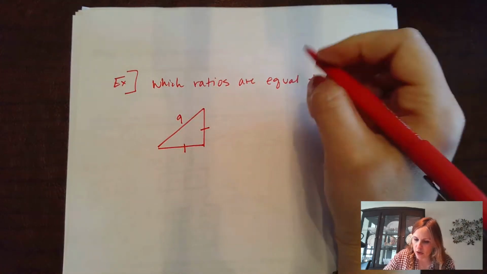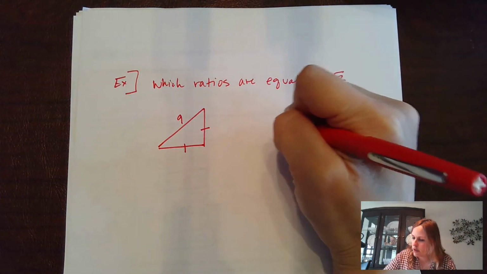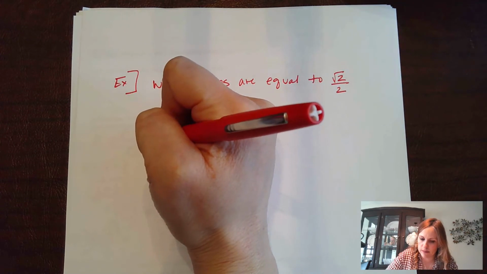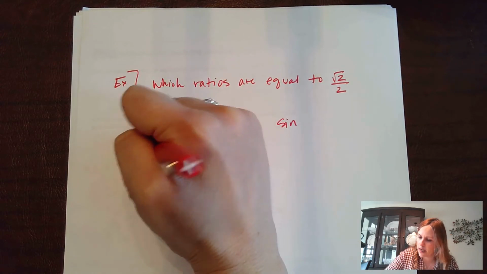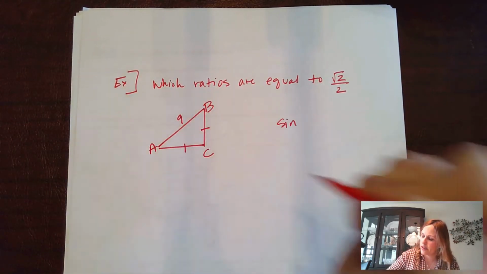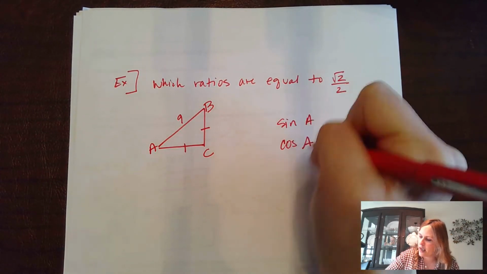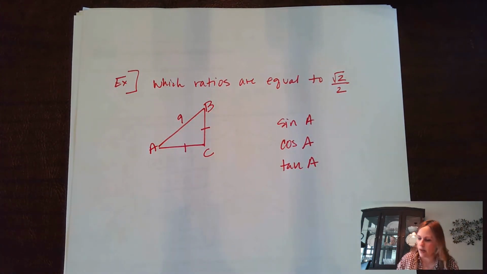So what I'm asking you is which of our trig ratios, so sine, well, I should probably, let's call this A, B, or C. So sine of A, cosine of A, tangent of A. Let's do all of our acute angles.